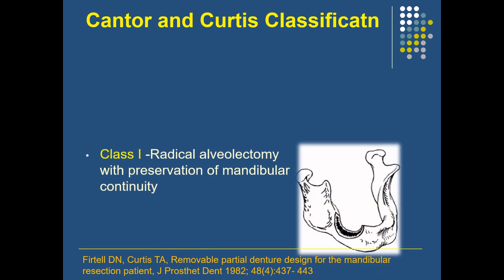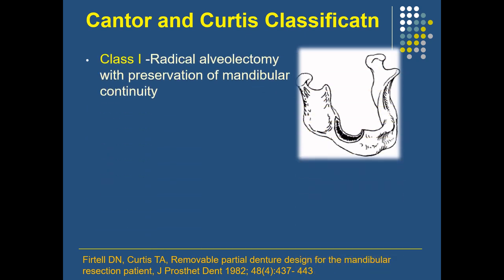The class 1, that is radical alveolectomy with preservation of mandibular continuity. So these radical surgeries remove the tumor along with the surrounding tissues and structures like lymph nodes which may contain cancer.